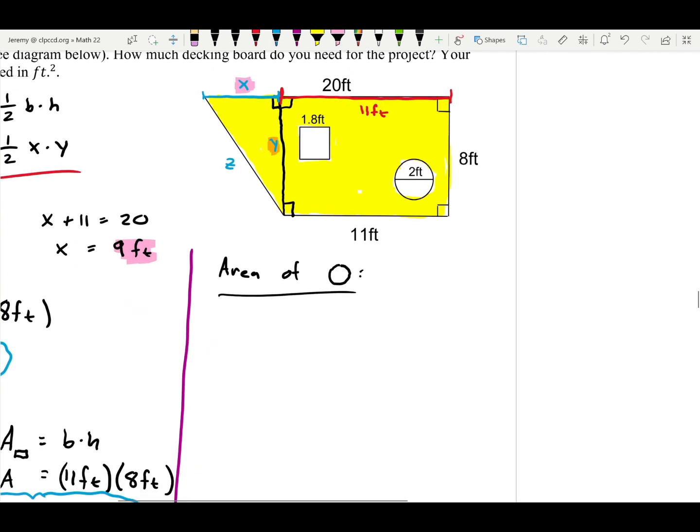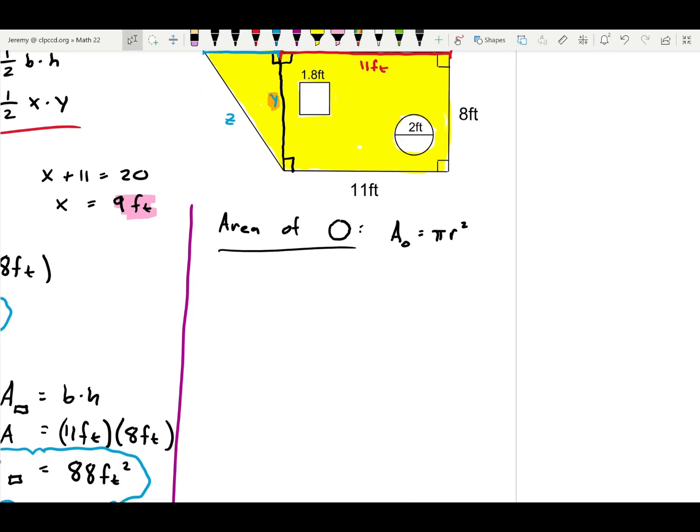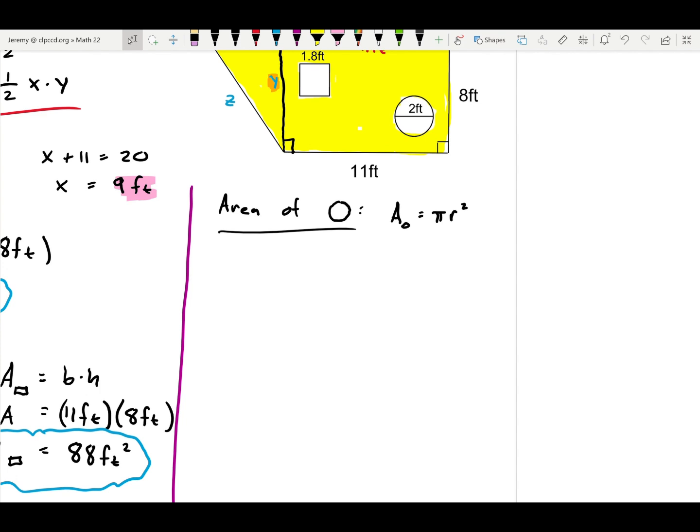Now remember, the area of a circle is equal to pi r squared. So we'll want to find the radius, but the relationship between the radius and the diameter is very simple. Radius is just equal to 1/2 the diameter, which in this case will be 1/2 times 2 feet, which will just be 1 foot. Very nice.